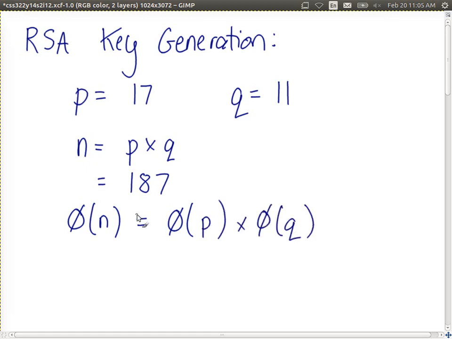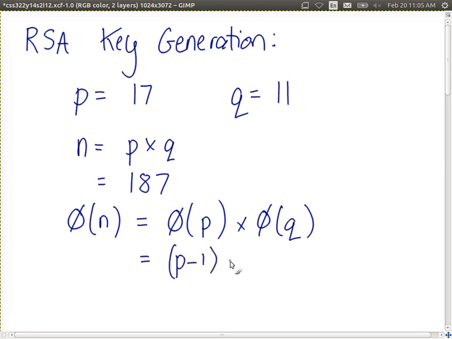The totient of a number which is made up of multiplying two numbers which are relatively prime with each other is the totient of those numbers multiplied together, and the totient of a prime number is just that prime number minus 1. The totient of a prime p is p minus 1.